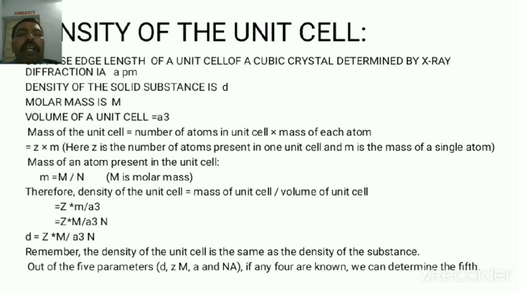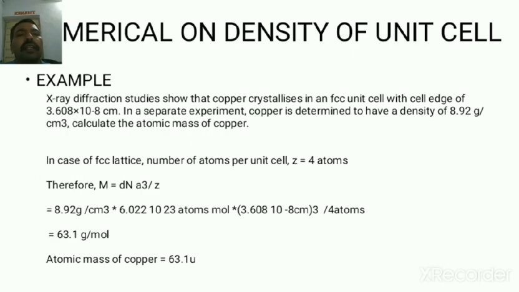Here five terms are used: density, Z, M, a cube, and Avogadro's number. Out of these 5 parameters, if we know any 4 quantities, the 5th quantity can be calculated. How is any one quantity out of 5 calculated? See by the numericals.